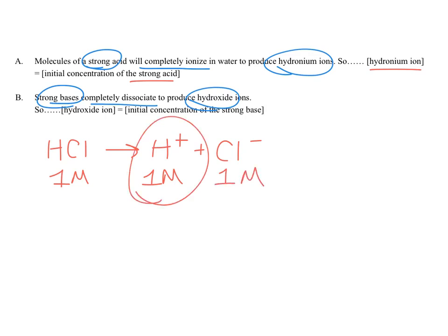So when we're calculating the pH, we would take the negative log of that hydrogen ion concentration, which would just be 1. Same thing with hydroxide. Okay, so let's go ahead and take a look at some pH calculation examples.